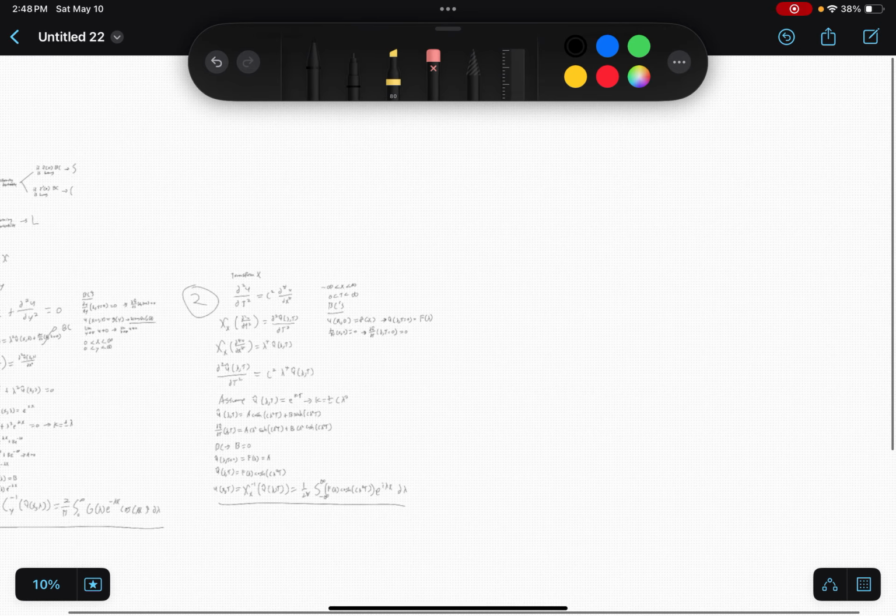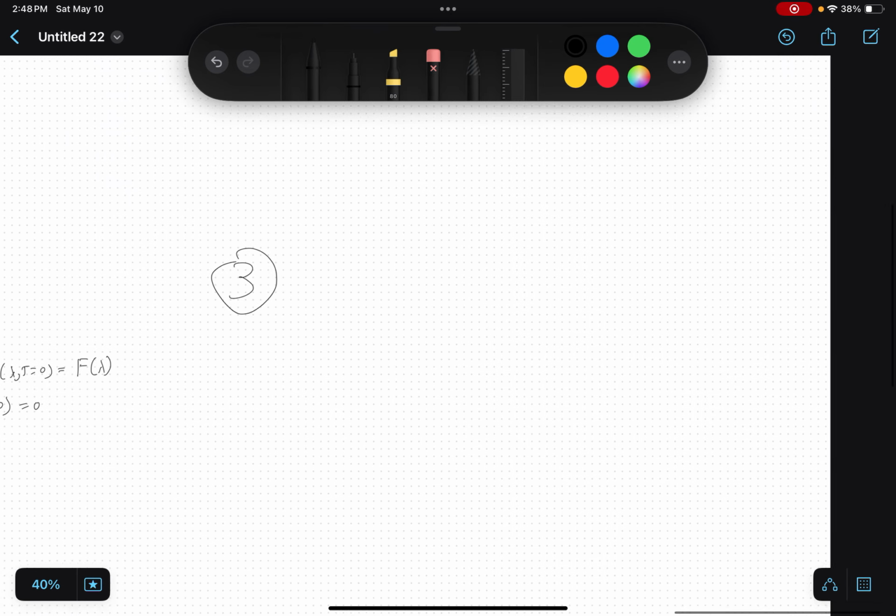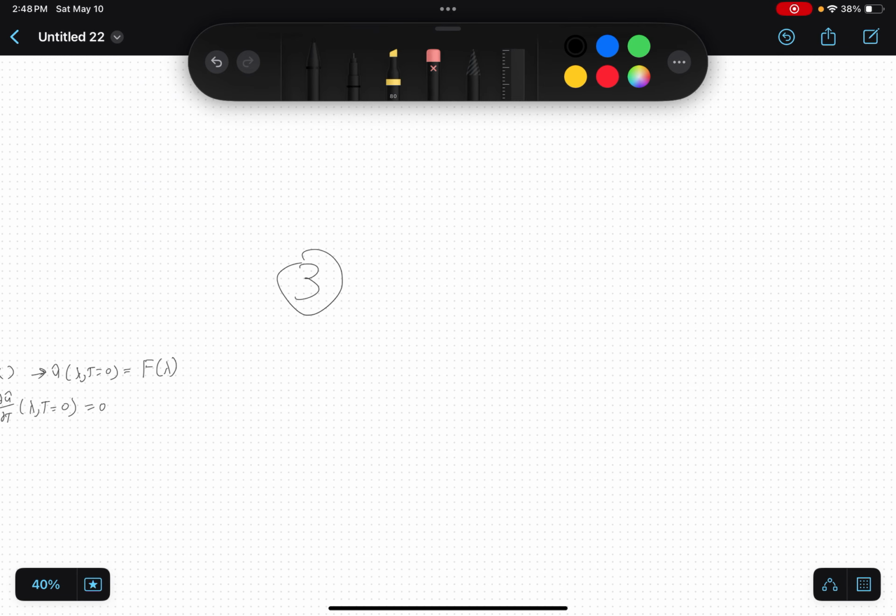All right, I guess we can start it. I don't really want to finish it, but we can start it. We can just say which transform we're picking. Cool.